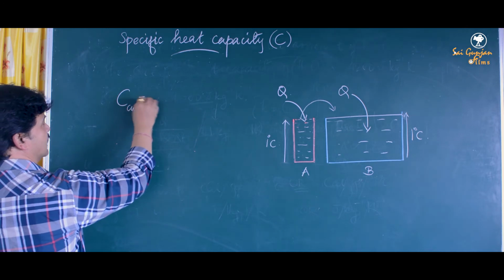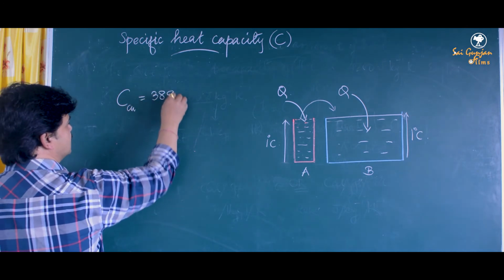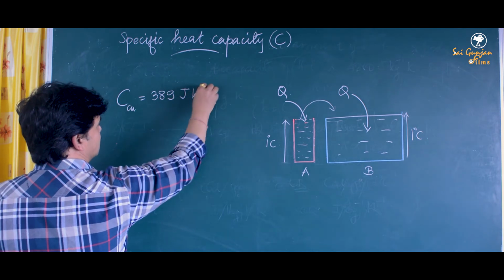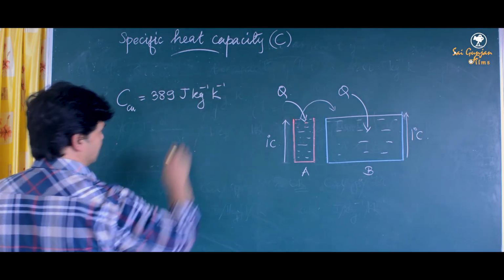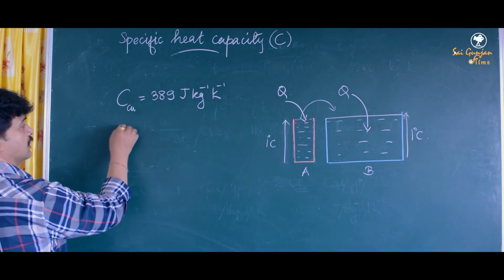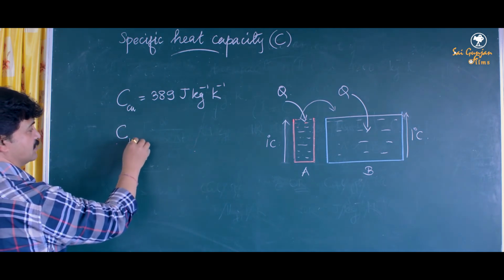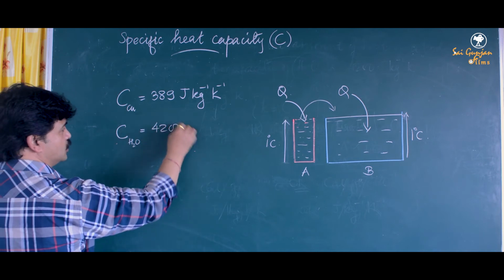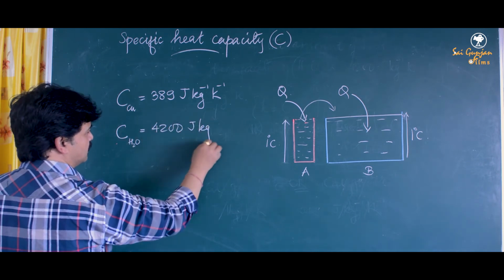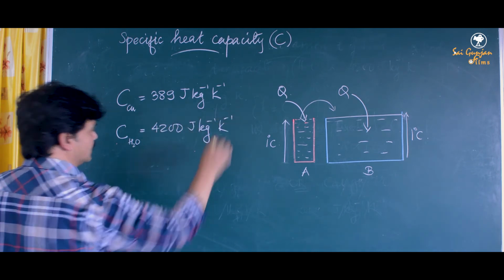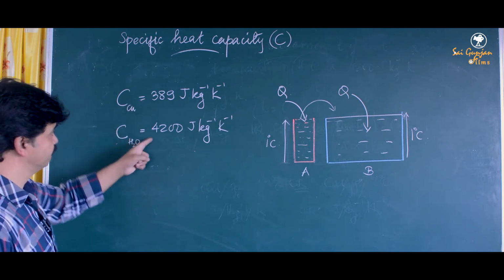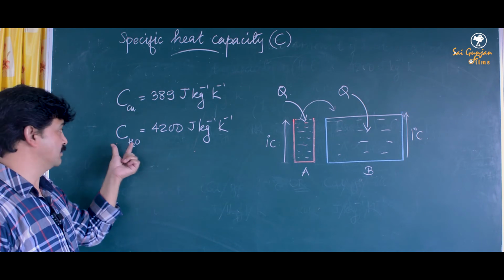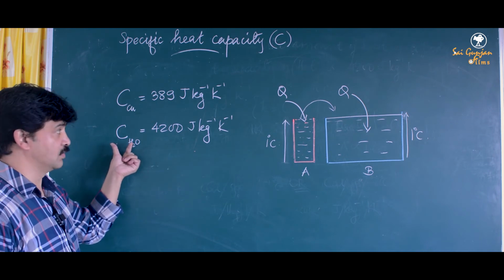So the specific heat of, let's say, copper is 389 joule per kg per Kelvin, and you already know that the specific heat capacity of water is 4200 joule per kg per Kelvin. So look at the values. Water has a greater value of specific heat capacity. What does it mean?